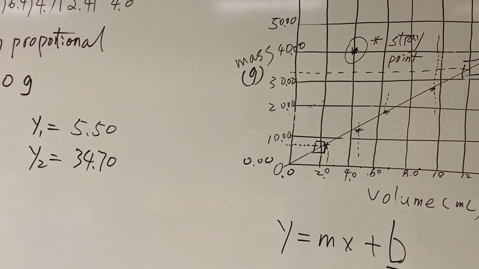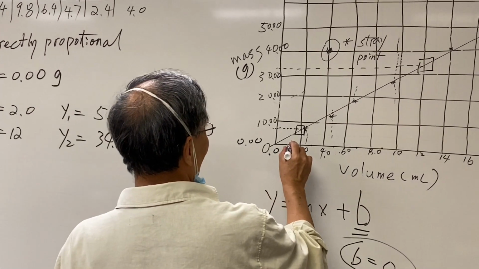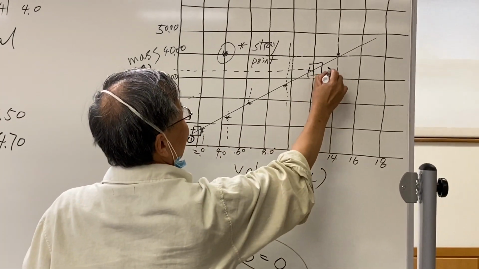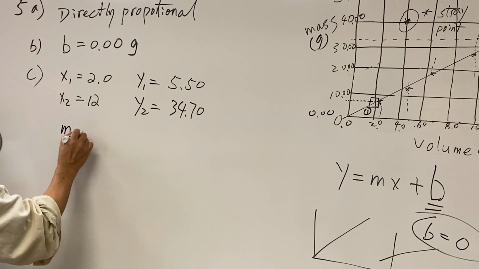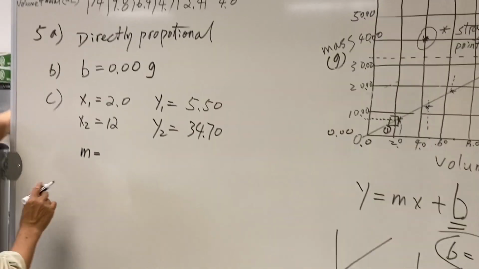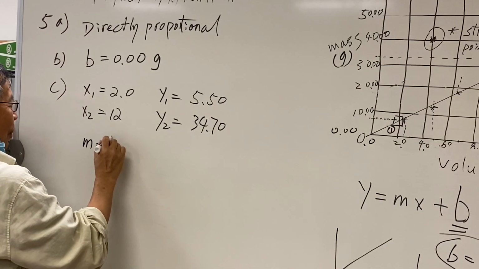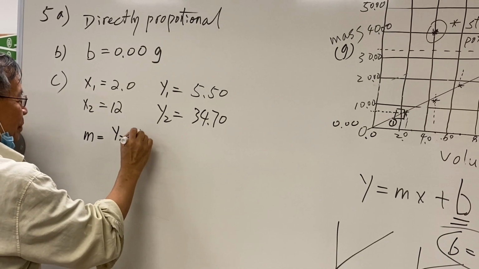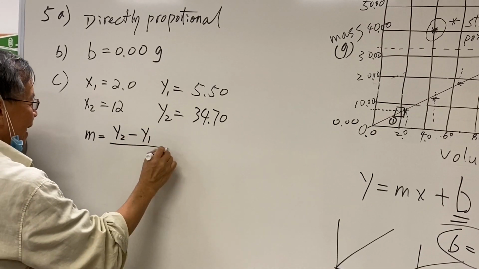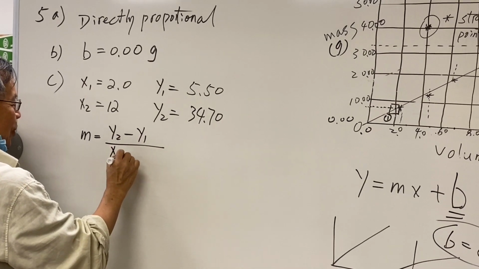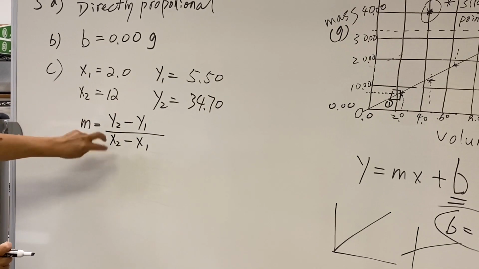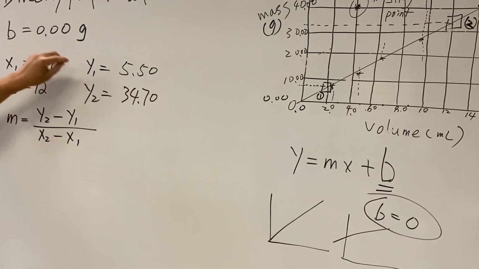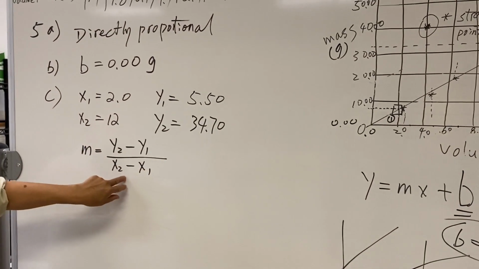So now you have point 1 right here, and point 2 right here, and they use the mass expression. Your slope is y2 subtract y1 over x2 subtract x1. Make sure it's y on the top, x on the bottom.